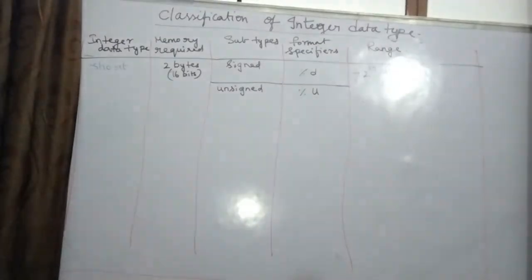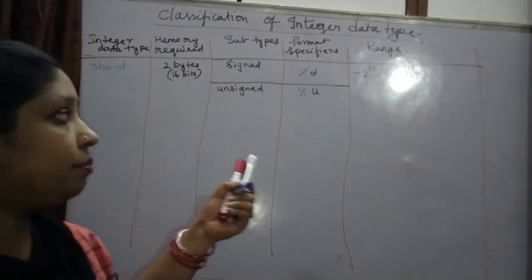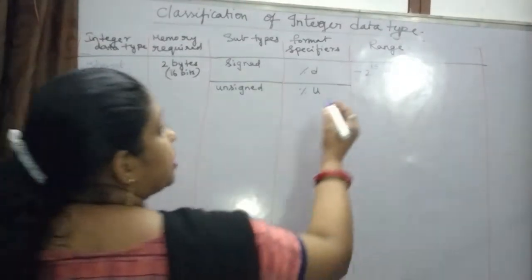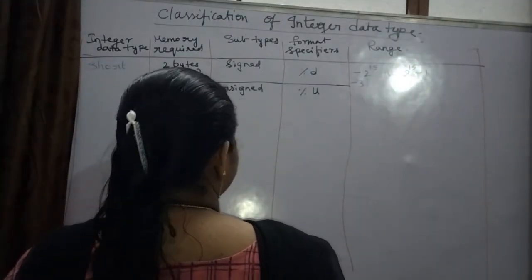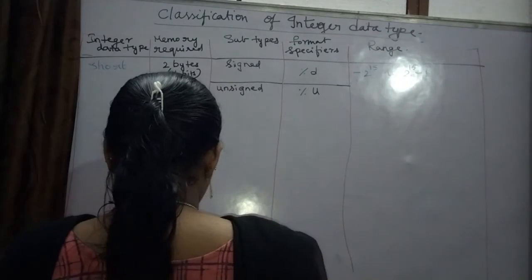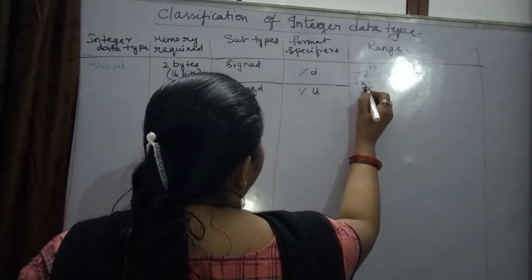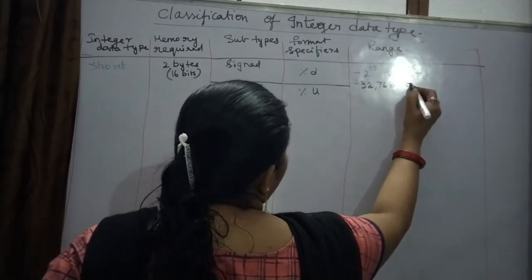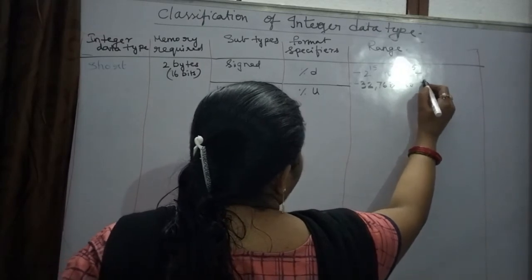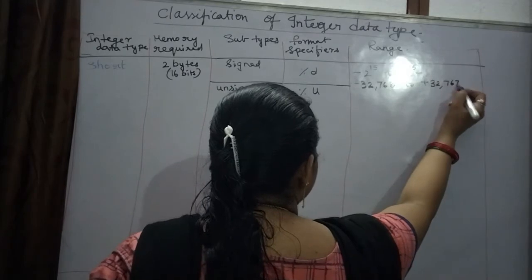Okay, just now we have calculated minus 2 to the power of 15 to 2 to the power of 15 minus 1. So if you calculate, this comes around minus 32,768 to plus 32,767.